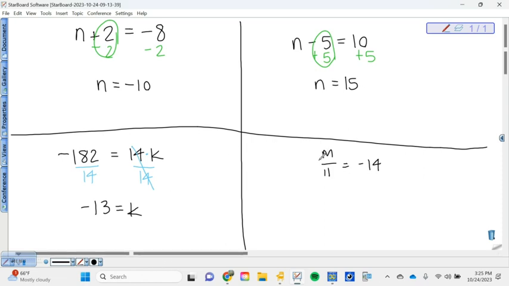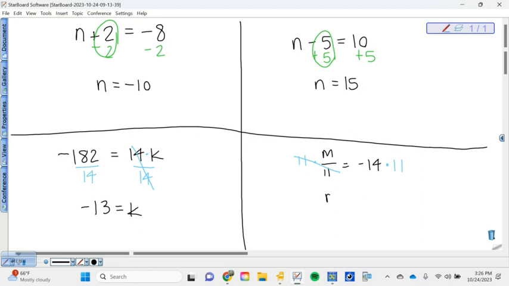And then what about here? Am I moving a term or a factor? A factor again, because that m and 11 are smushed together like that. How do I get rid of the 11? I've got to multiply, right? Because this is m divided by 11. So I do the opposite. If I multiply this by 11, those cancel out. But if I multiply this side by 11, I got to multiply that side by 11.